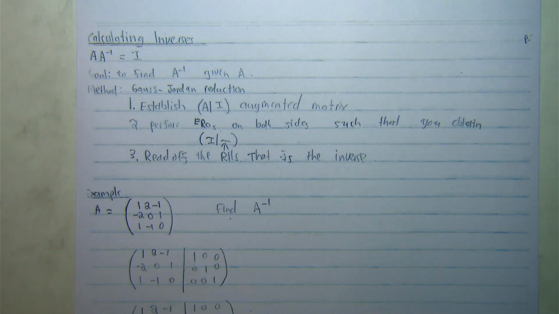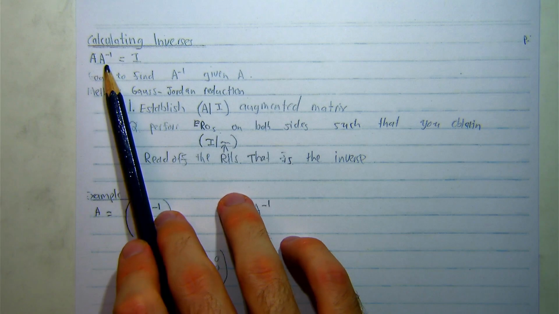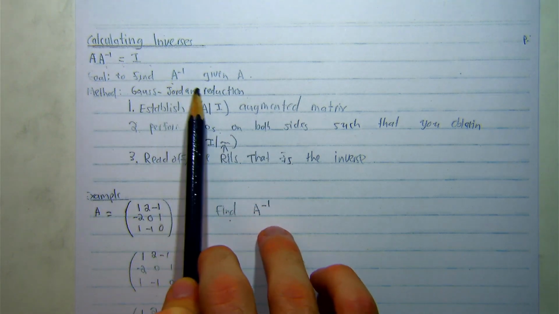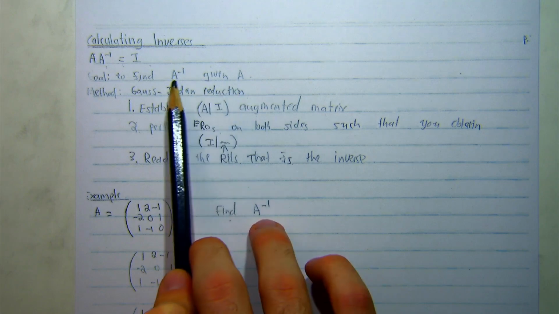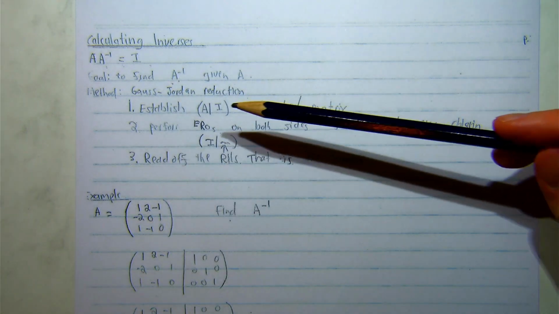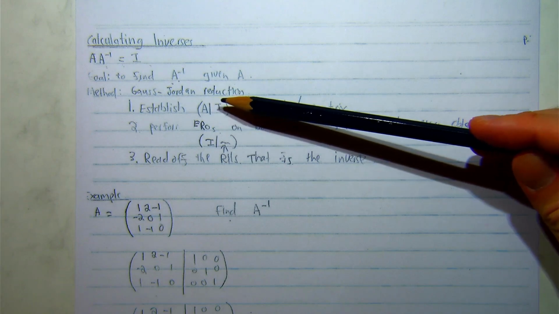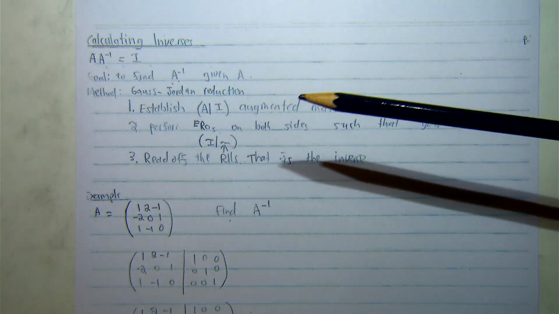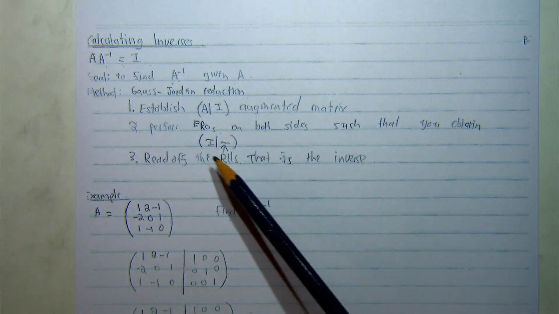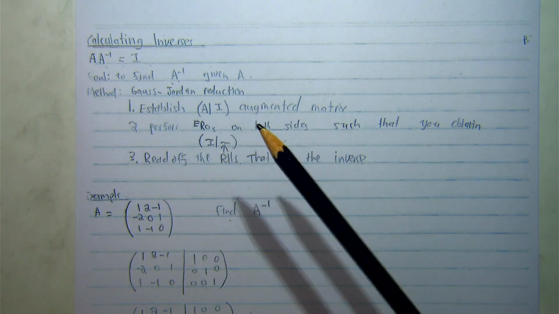Okay, so A multiplied by A minus 1 is equal to I. Our goal is to find the inverse of A given A. So what is the inverse to the matrix A? And the way that we do that is we have A and then I on the right, and we perform elementary row operations to give us I on the left and whatever is left on the right.